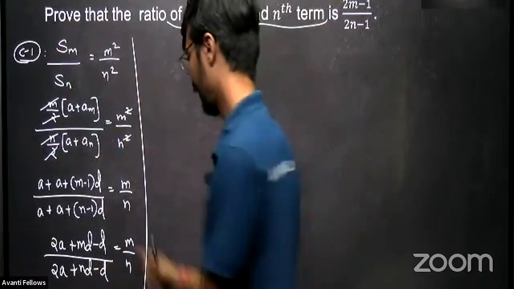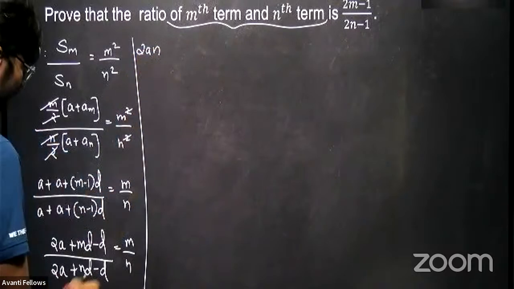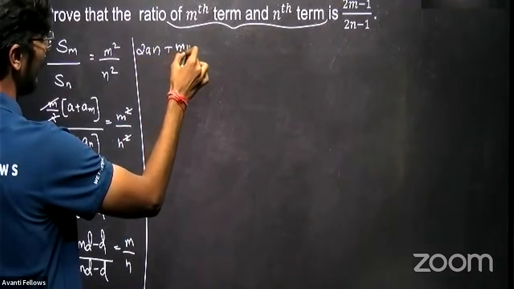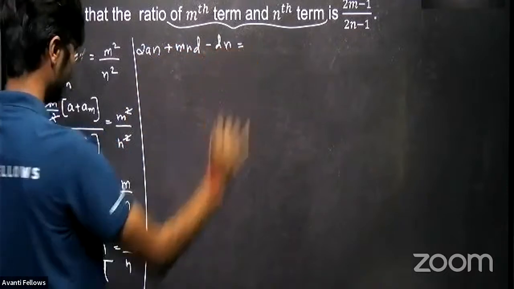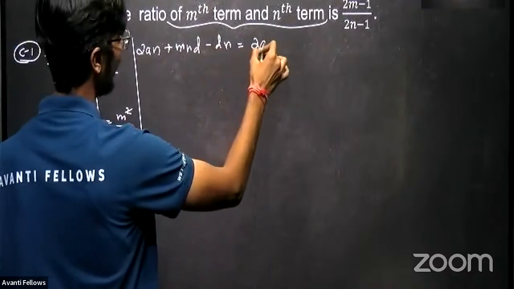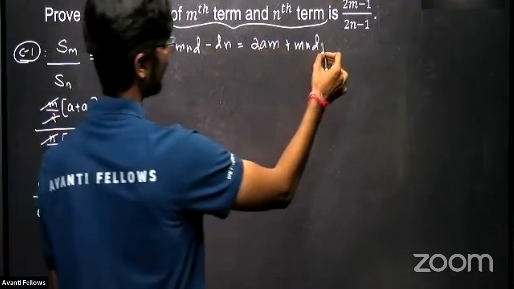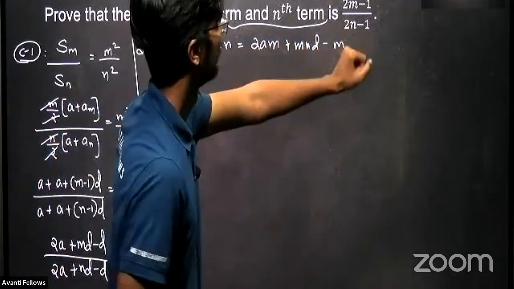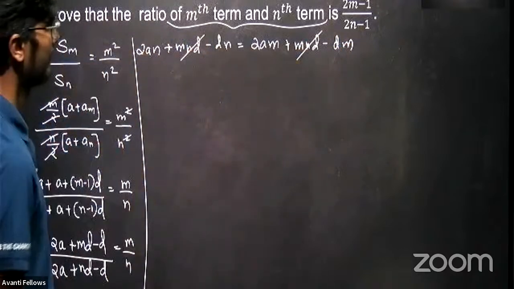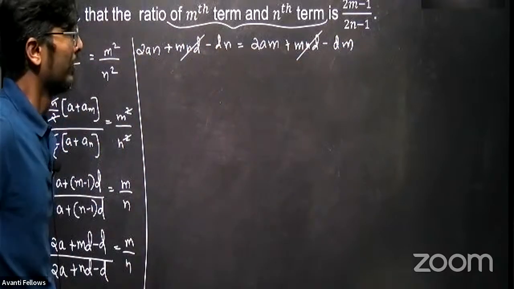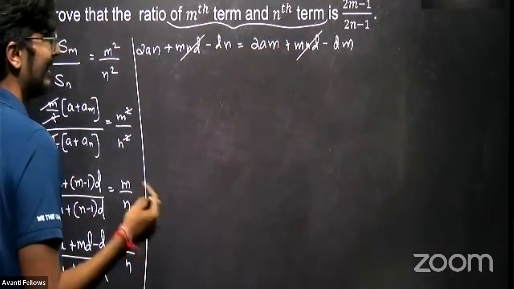So that means if I cross multiply, I'll get 2an plus m and d minus dn is equals to 2am plus m and d minus md or minus dm, let's say. So here m and d will get cancelled, right? Let's take the terms of m on one side and d on other side.